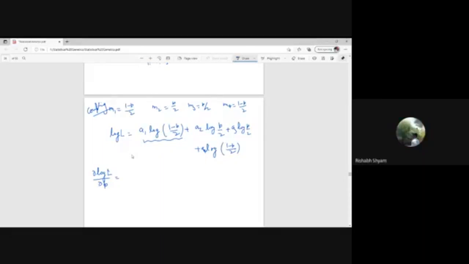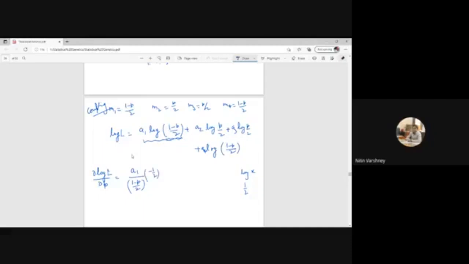a1 into 2 by (1 minus p), into minus 1 by 2. How? What is the derivative of log x? 1 by x. So suppose this is my x, so this will be a1 upon (1 minus p)/2, and p is also inside, so 1 minus half, minus half, exactly.